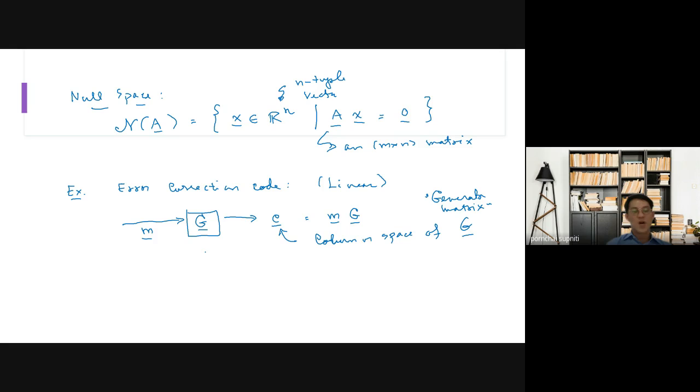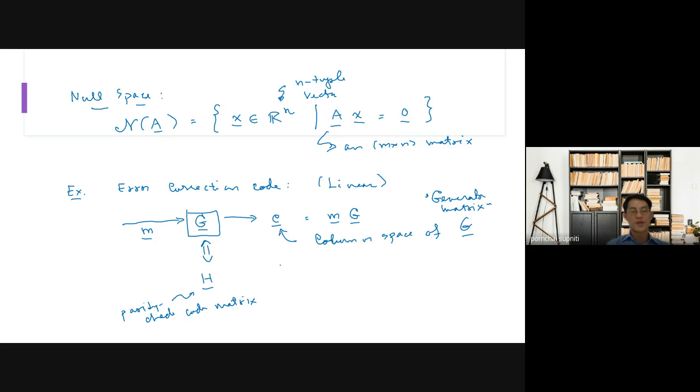On the other hand, for a given generator matrix, there is often another matrix called the parity check matrix. If you don't work with error correction codes, don't worry yet.